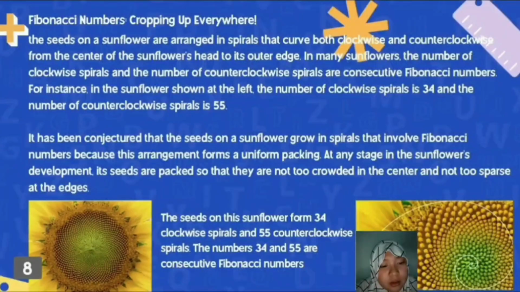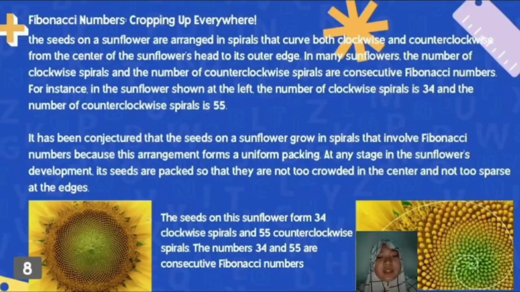So, it has been conjectured that the seeds on a sunflower grow in spirals that involve Fibonacci numbers because this arrangement forms a uniform packing at any stage in the sunflower's development. Its seeds are packed so that they are not too crowded in the center nor too sparse at the edge.